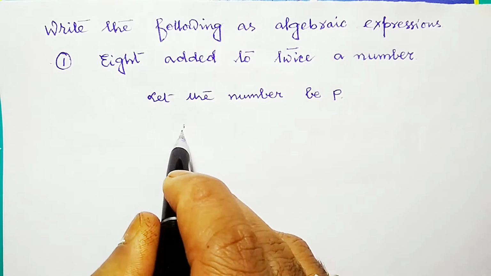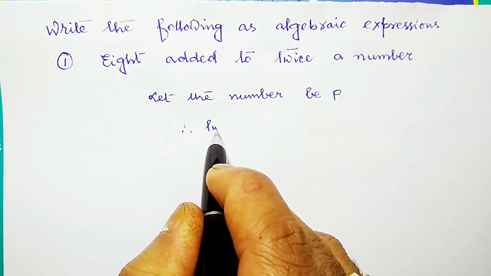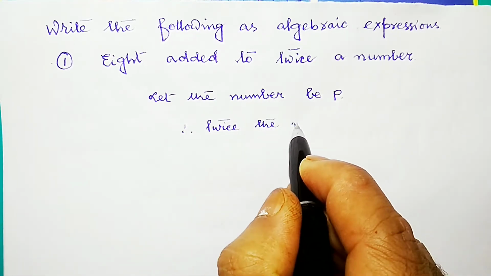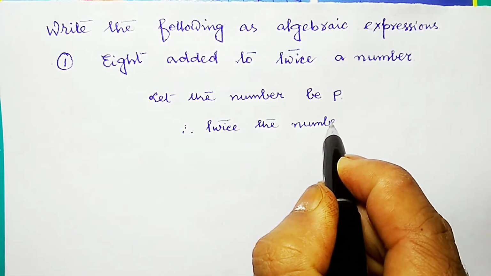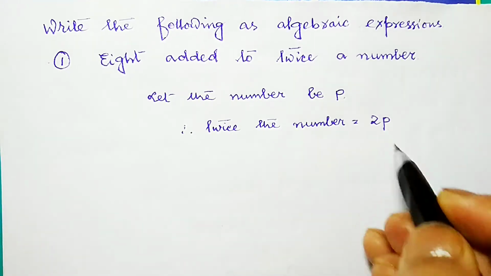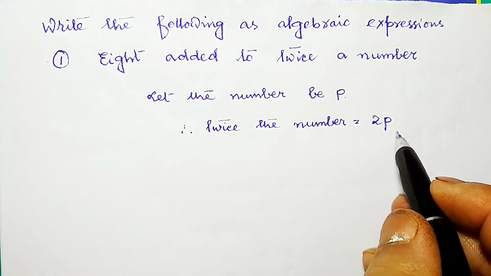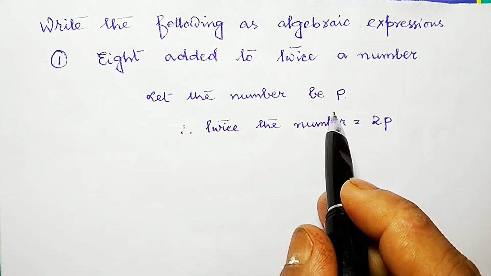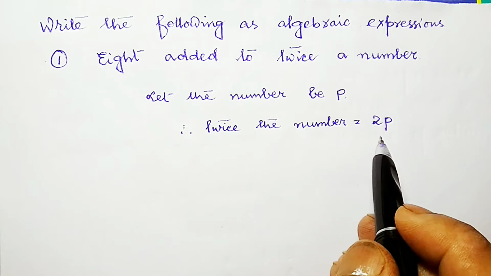Therefore, twice the number will be 2 into p. So we can write 2p, because 2p means 2 into p. So twice a number we have written. Since the number is p, twice the number will be twice p.